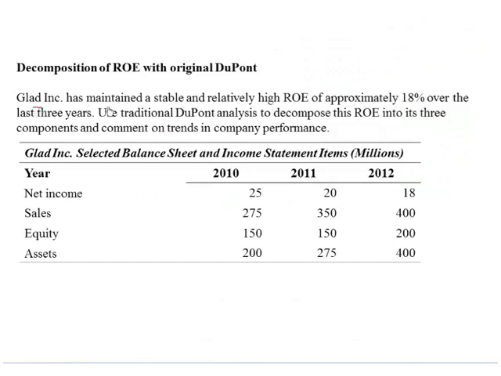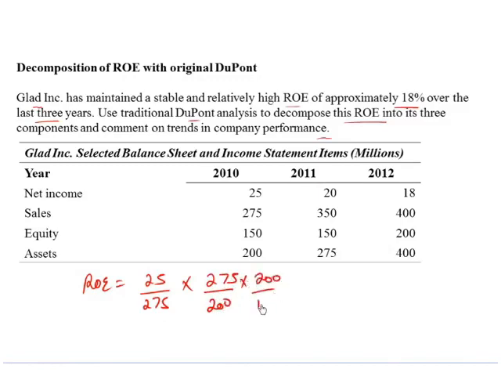Glad Incorporated has maintained a stable and relatively high ROE of approximately 18% over the last 3 years. Use traditional DuPont analysis to decompose this ROE into its three components and comment on trends in company performance. So please remember, the original DuPont breaks ROE up as the net margin, that is the net income upon the sales, multiplied by the asset turnover, that is the sales upon total assets, multiplied by the leverage ratio, that is the assets upon equity.